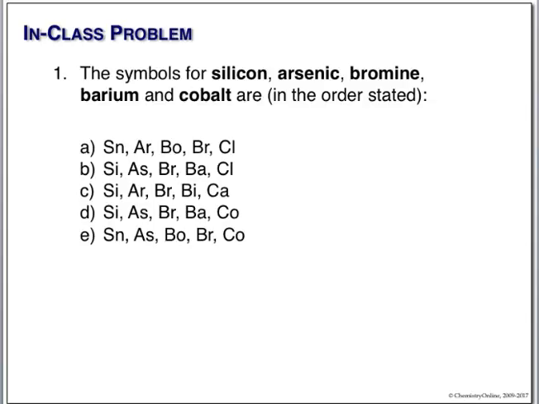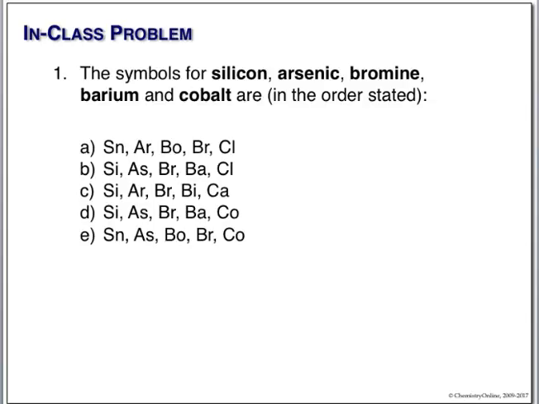Well, we remember silicon. Silicon's a nice easy one, isn't it? Si. So right away we can narrow it down to these three. Bromine is Br, but all these have Br in it. Barium, we did barium, didn't we? What was barium?